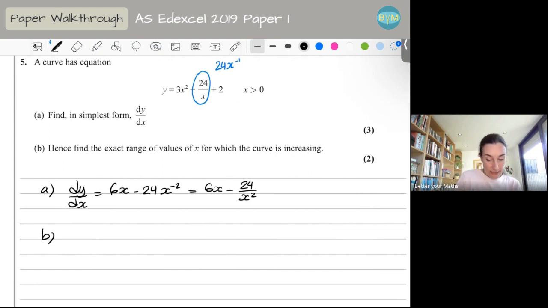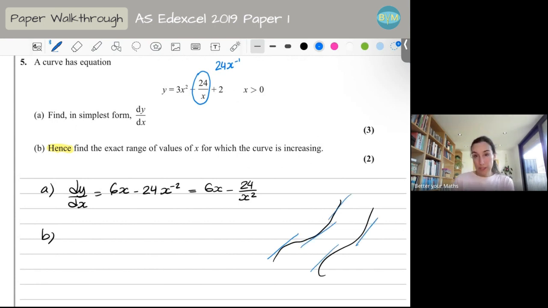B, hence, we are going to use that. Find the exact range of values for x for which the curve is increasing. Do you remember how we check if the function is increasing? A function increasing is a function doing this, going up. For that function, the gradient of the tangent is positive.